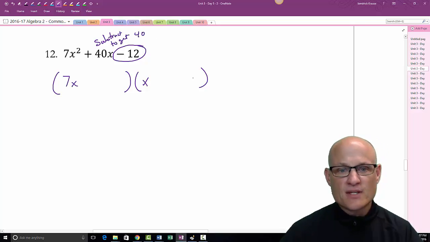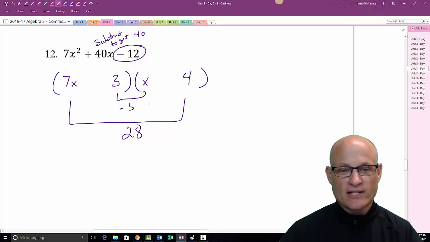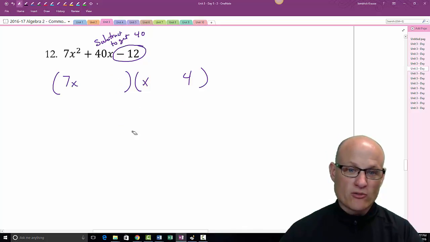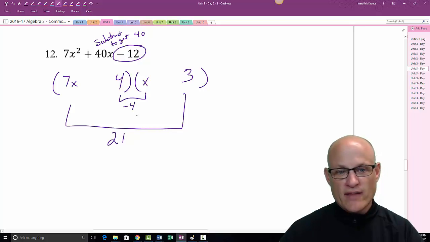Now, normally I'm going to try 3 and 4 first. It's not going to work. This is 28, and this is 3. And if I subtract those, I get 25. And if I switch it, it's just going to get worse. Because now it's 21, and this would have to be -4. And that's not going to be it.